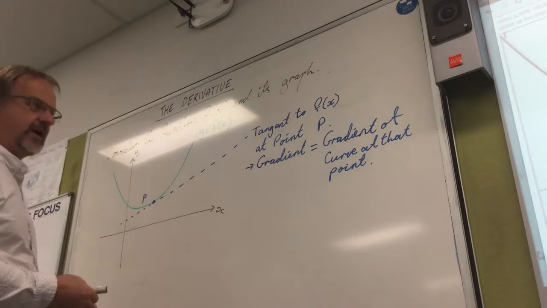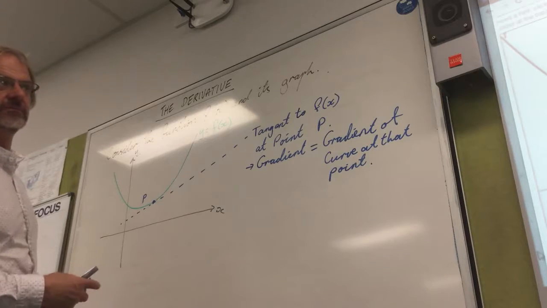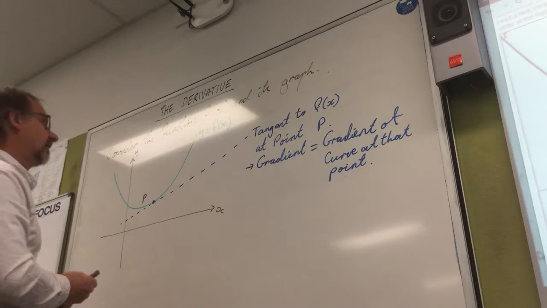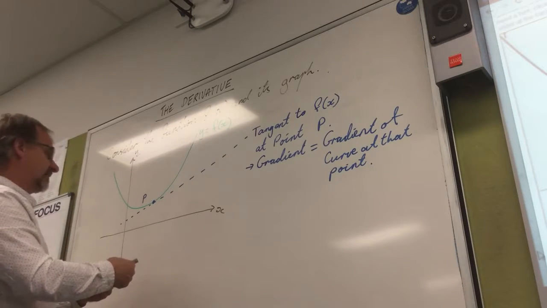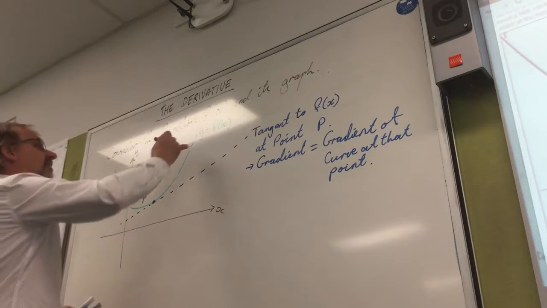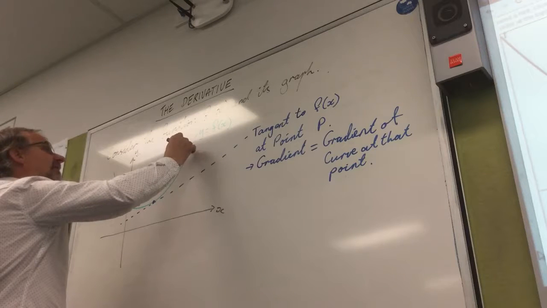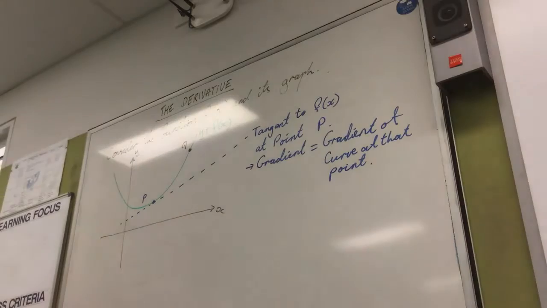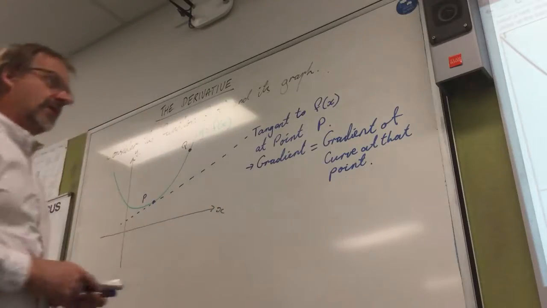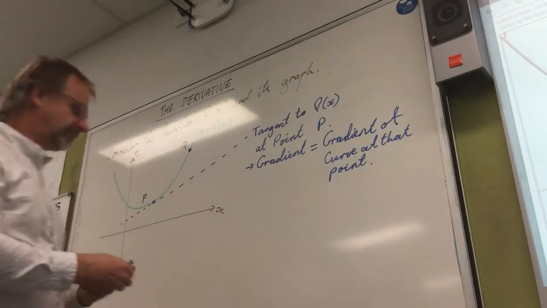So if we then have another point up here, for example, in black. In the textbook they call it Q, they're calling it point A, so we've got another point here.